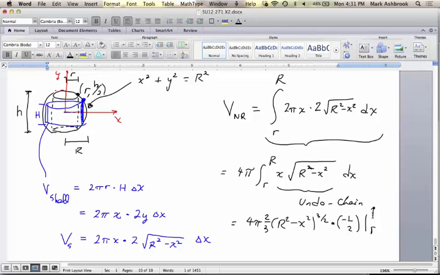We'll go from little r to big R. Okay, so when you plug the big R in, what happens? First term, 0, right? This makes 0 when you put big R in. So all we're going to have then is the second term, which is minus a -1/2, so that makes plus. So it could be 1/2 times 4 pi times 2/3 times what? Big R squared minus little r squared.